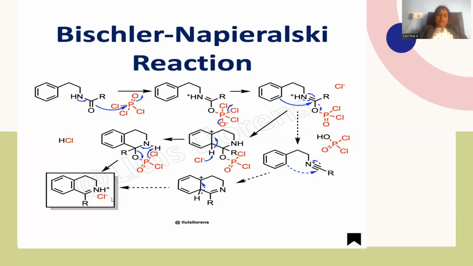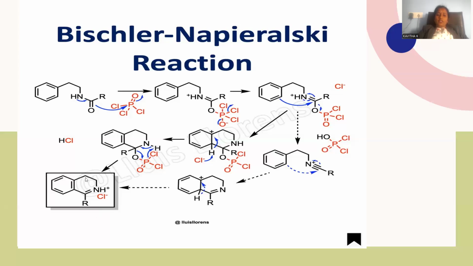That's the reason why there will be allocation of the new pi bond over there, and whichever hydrogen chloride is present. Being nitrogen is basic in nature, isoquinoline is slightly basic in nature because of the lone pair of electrons on the nitrogen in accordance with the Lewis concept, so that it is able to form a kind of salt.